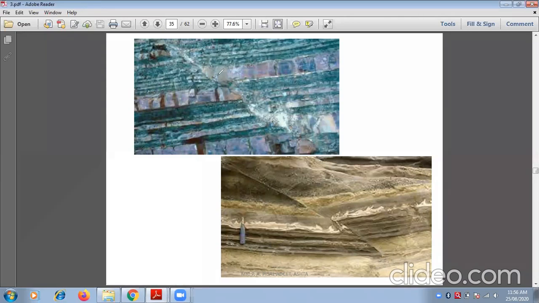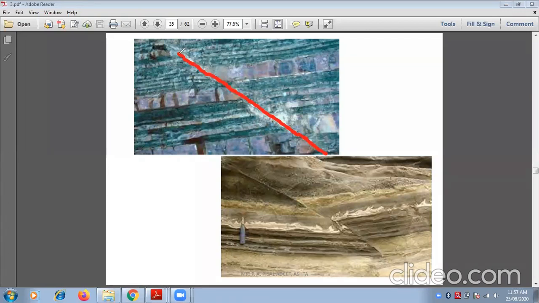Now here in this diagram, I will show you the fault plane. First you have to recognize the fault plane. So this line which is indicated in the red color, this line is considered as a fault plane.